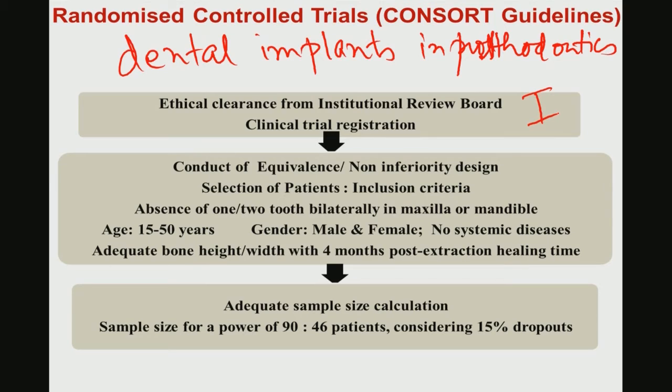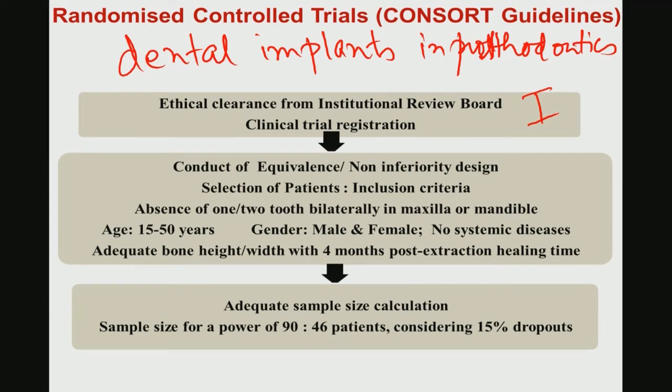Now, all these biases would be ensured if one follows randomized control trials, because if you remember, in the randomized control trial the 3 pillars are there. One is called randomization, the second is called allocation concealment, and the third is called blindness. So, once these 3 concepts are in place, or when these 3 things are followed very critically, then all these other things would be taken care of.